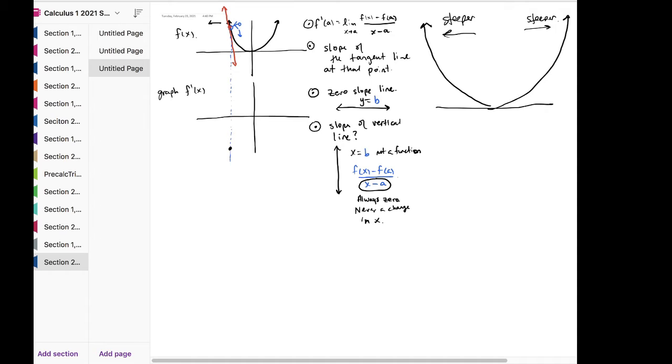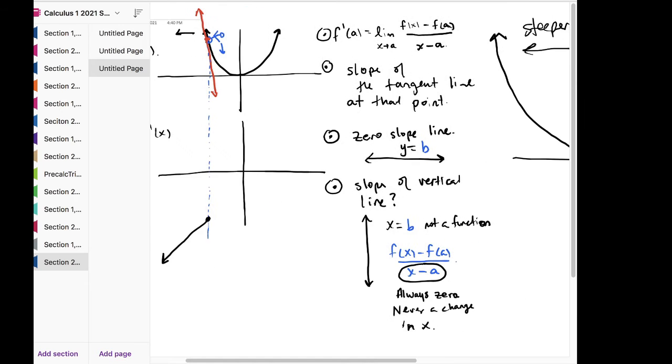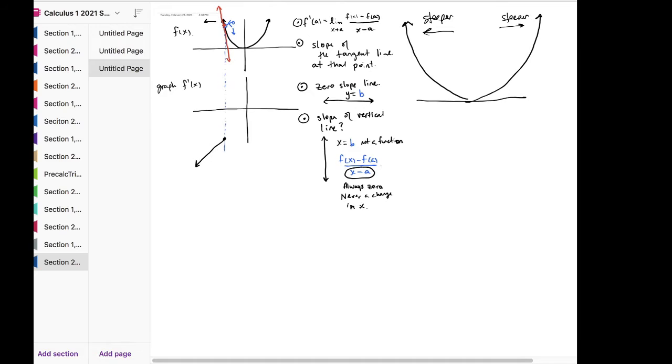It's kind of hard to draw. So does that make sense? As you go outward, it's going to get steeper and steeper, almost like a vertical line, but never quite a vertical line.